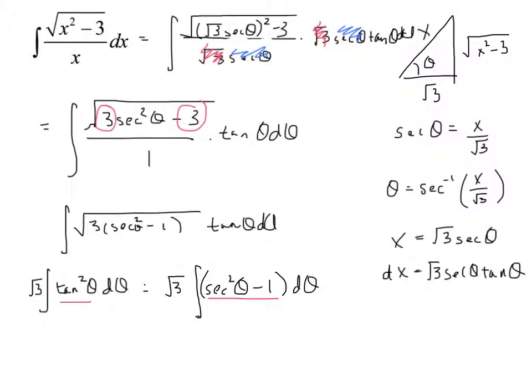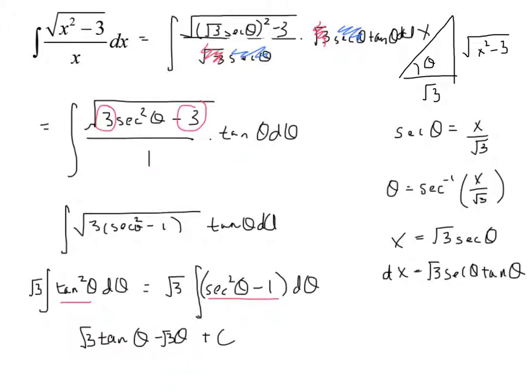Well, the antiderivative of secant squared is tangent theta. The antiderivative of 1 is just theta. So there, oh, I forgot my square root of 3. Like that. Okay, so antiderivative of secant squared is tangent. Antiderivative of 1 is just theta, and I just multiplied the square root of 3 in.